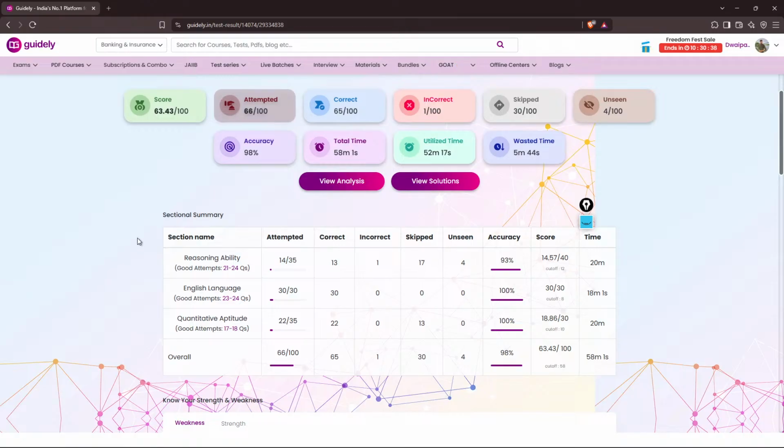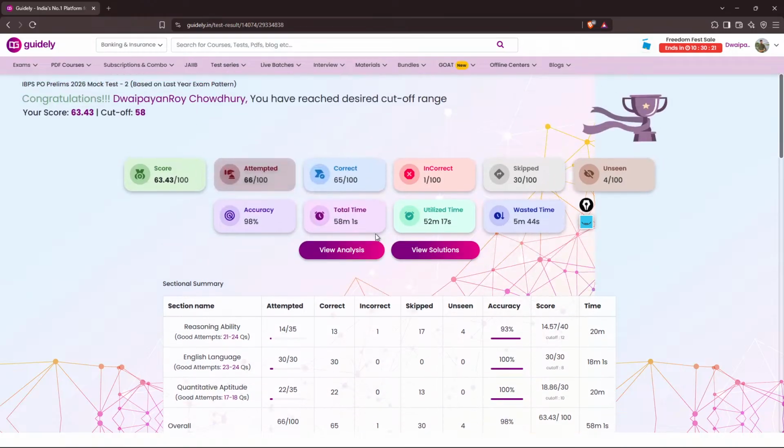So that was excellent from my part, but still in the reasoning, good attempts are way ahead of my attempts. In English, again, English is continuously saving me from not qualifying that cutoff score. But again, I have to be super focused while attempting this reasoning part, because I think the only thing that will make me suffer is this part, reasoning.